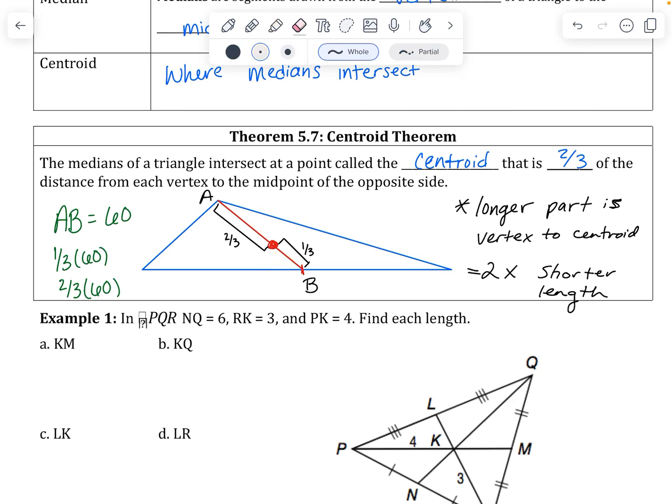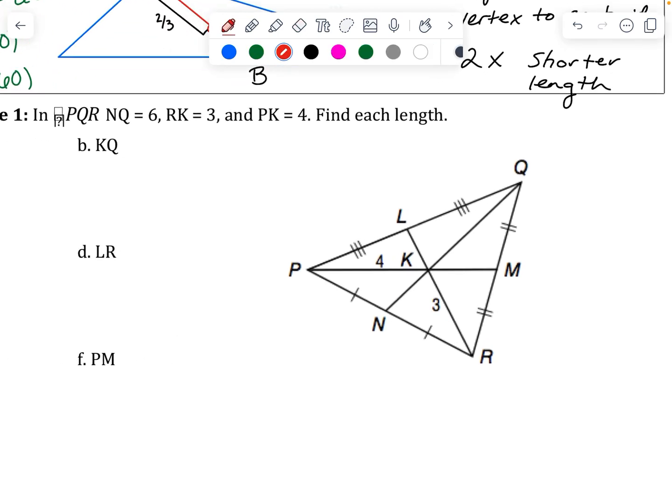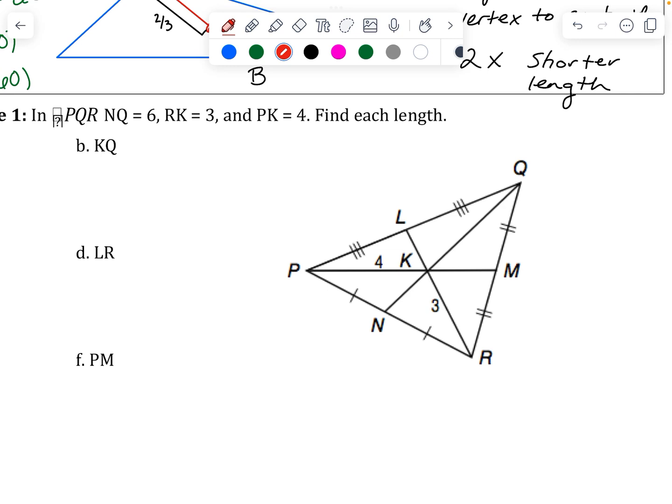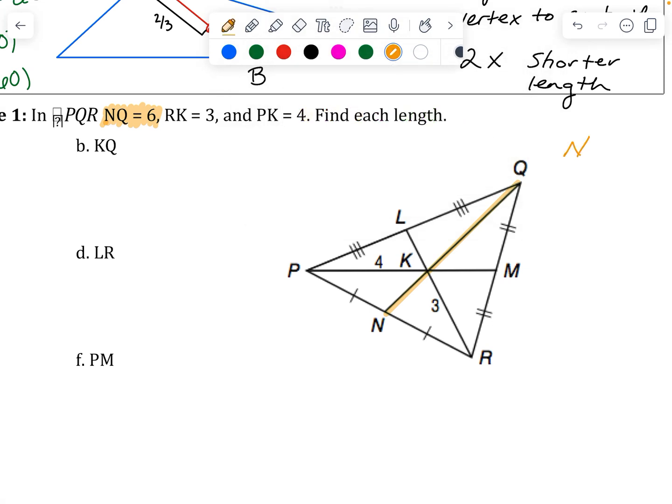So let's look at an example together here. We are given that PQR is our triangle. NQ, where's NQ? Here's NQ. NQ is 6. So if NQ is 6, I can find out what is 2/3 of NQ and what is 1/3 of NQ.